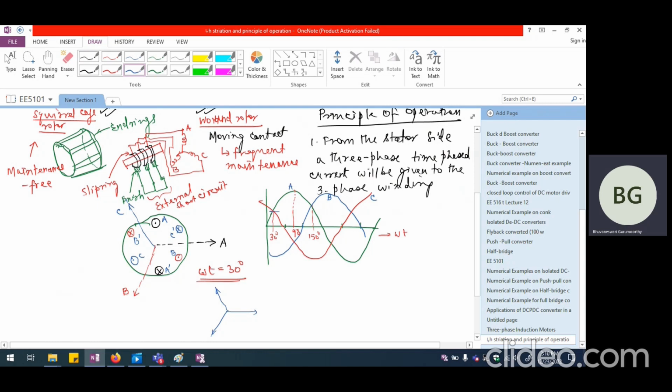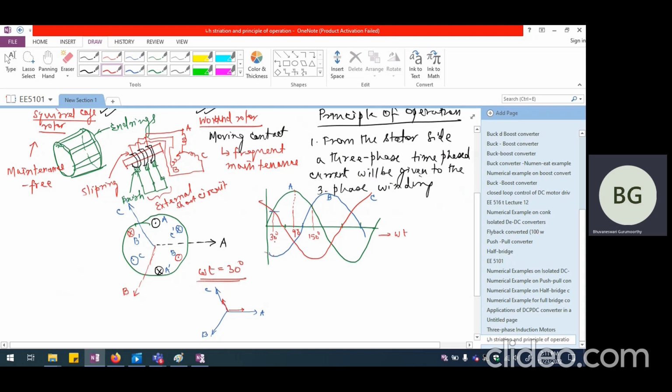And A phase is also 50% of the peak, also in the positive direction.